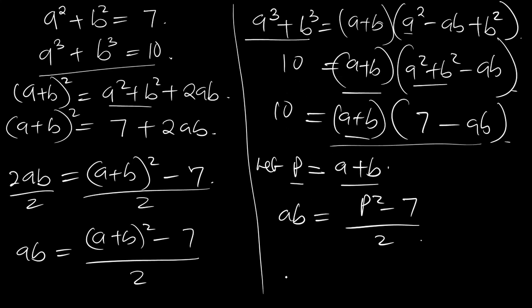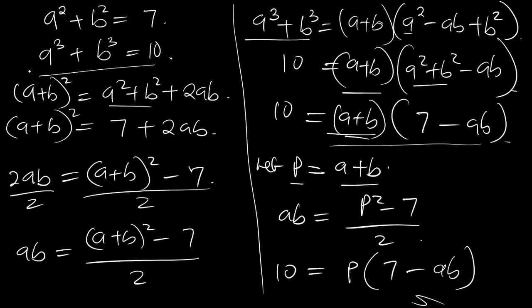So now you have 10 is equal to p into 7 minus ab.